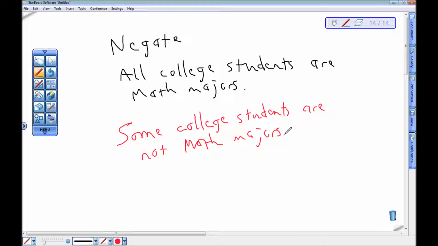Notice that the negation isn't no college students are math majors, because then my statement and its negation could both be false, right? In the world we live in, this is true, and that's false. And that's a good sign when you're trying to find the negation of something: if one of them is true and one of them is false, you at least have the chance that one of them is a negation of the other.